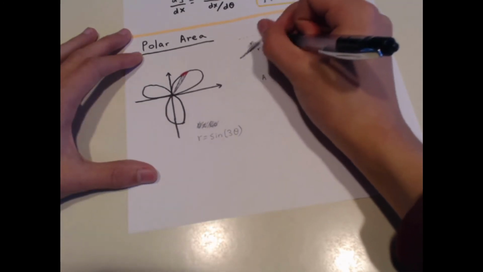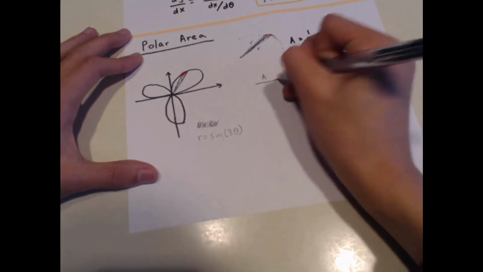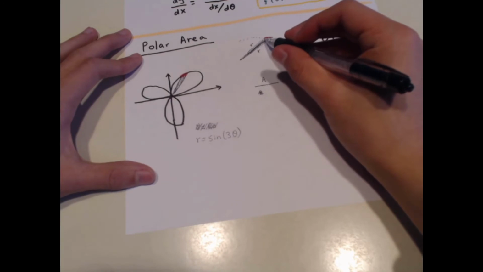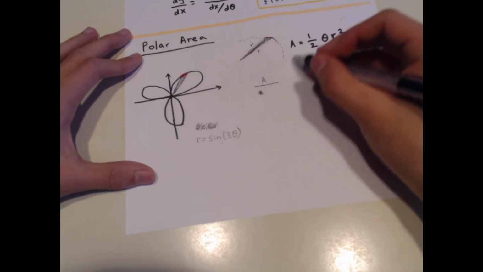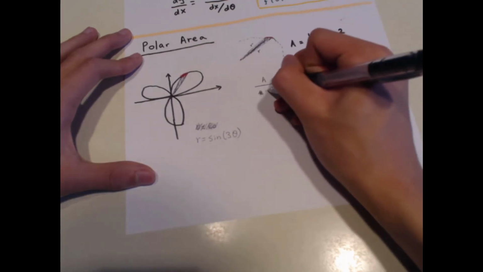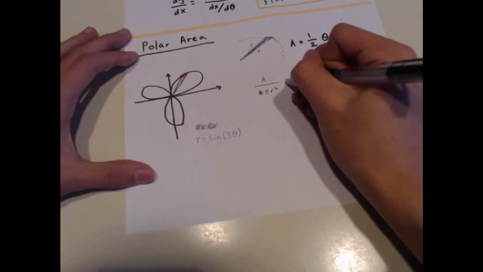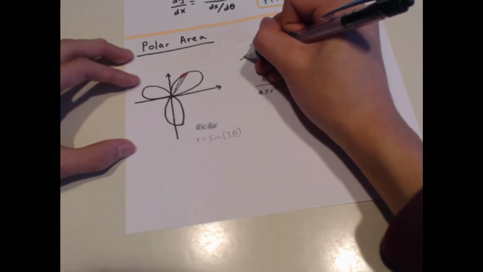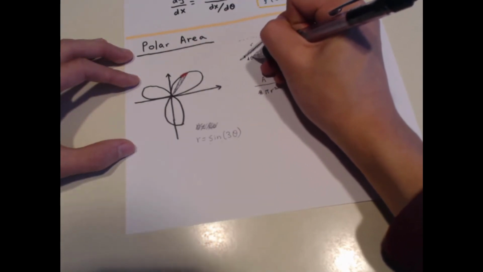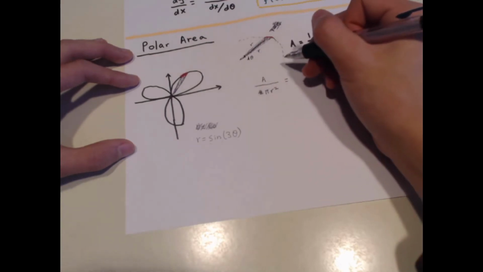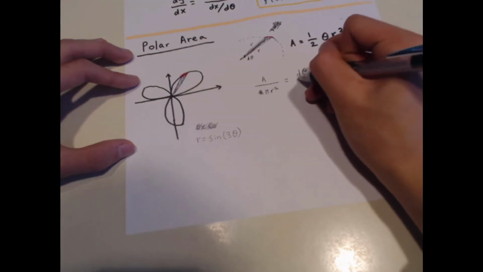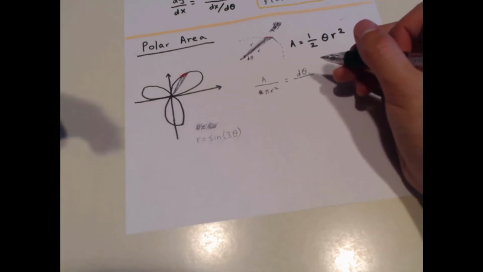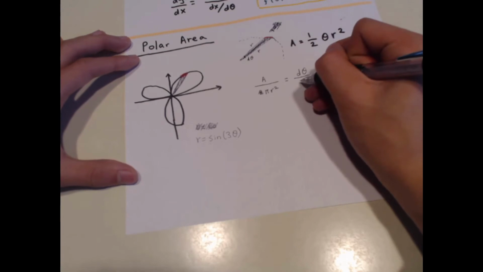Let's say the area of this small sector right here was A. If we divide that area by the entire area of the circle, which is obviously just pi r squared, this fraction is going to be the same as if I just took this very small angle right here, let's call it d theta, because remember, it's an infinitely small angle, and divided that d theta by 360 degrees, or in this case, we don't want to use degrees, we want to use radians, which is 2 pi radians.